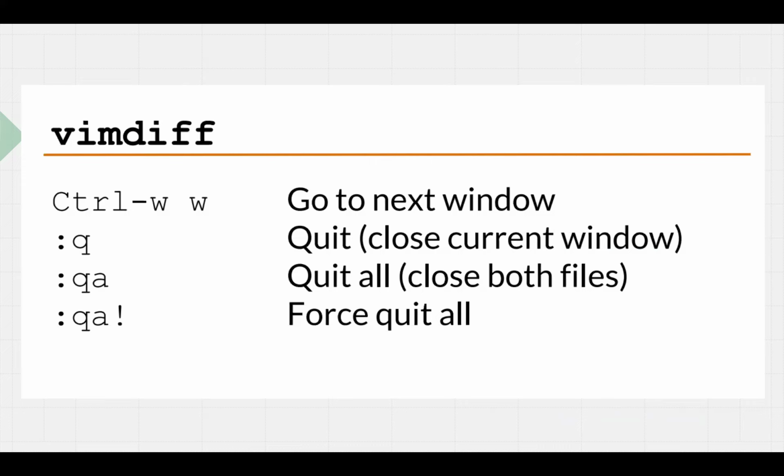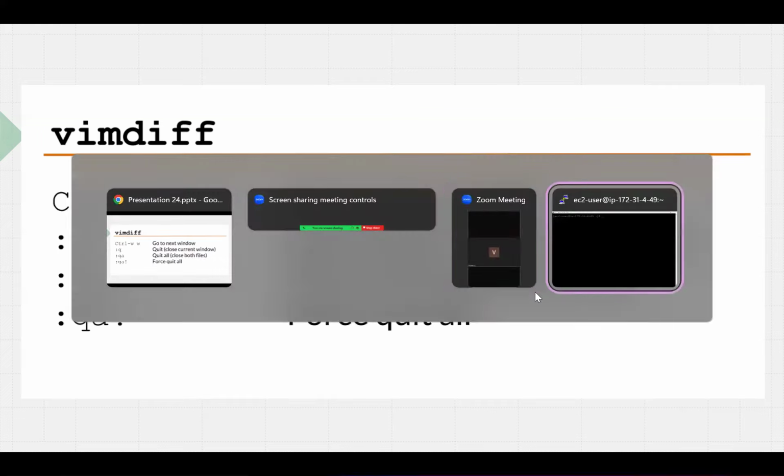If you want to exit both windows at a time, you can use :qa. And if you have made some changes that you don't want to save, you can simply type :qa! and press enter. It will automatically quit. Let's see all these in practical.